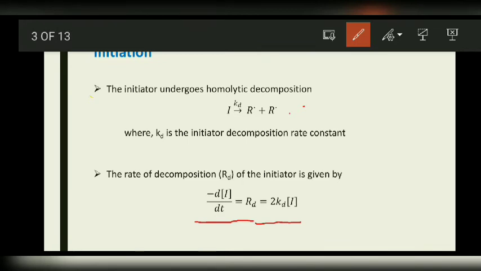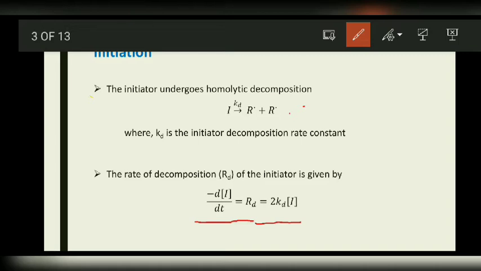Here we have used minus d[I]/dt. Why is minus used? Because the initiator is the reactant, right? So we are going to write the rate equation with respect to the reactant. Whenever we write the rate equation with respect to a reactant, we always use a negative sign, because the concentration of the reactant goes on decreasing as the reaction proceeds.